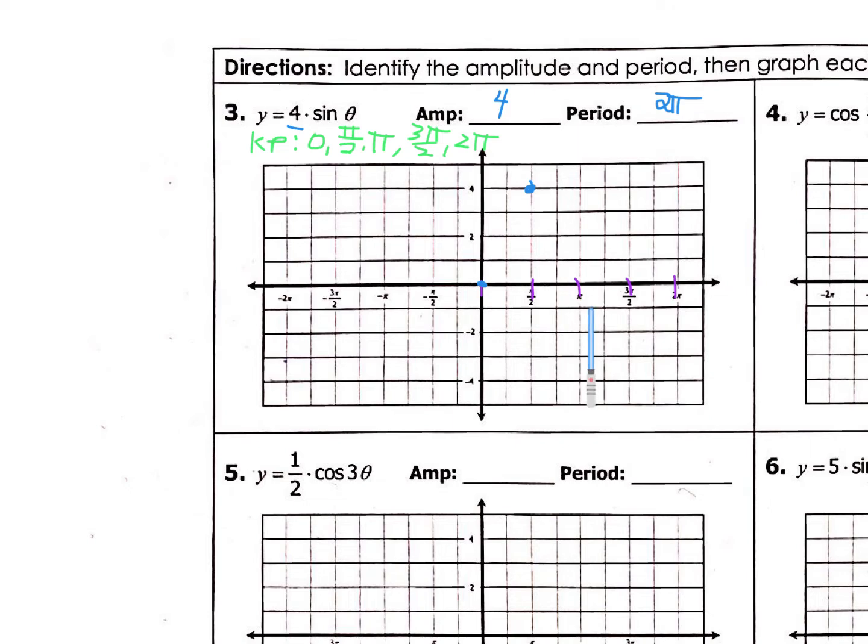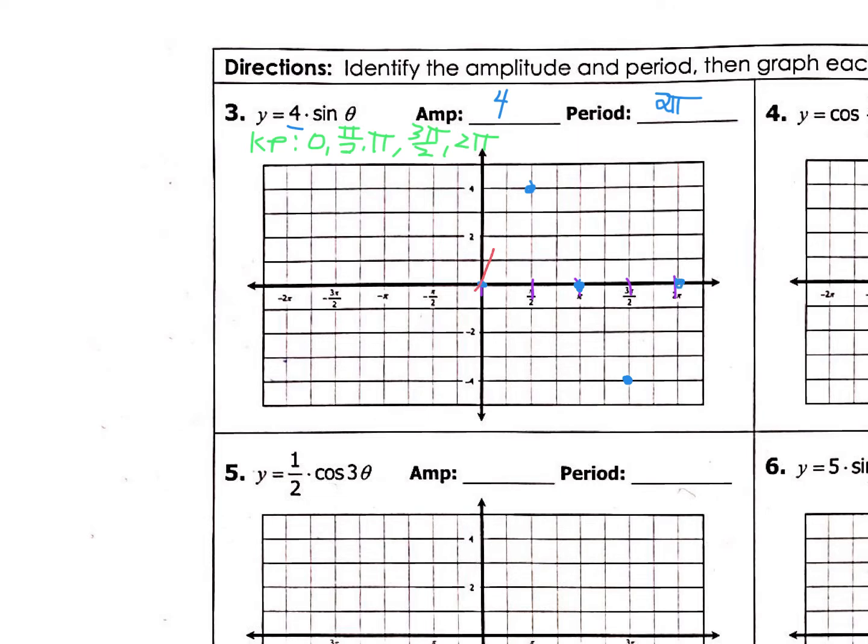And then our next key point, we're back to 0. So remember that pattern goes 0, up to 4, 0, down to 4, back to 0. So 0, up, 0, down, 0. So our next key point is 0. Our next key point will be down to 4. And our final key point is back to 0.